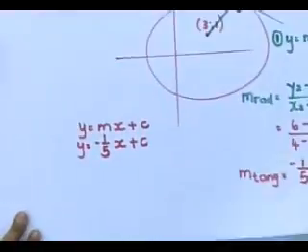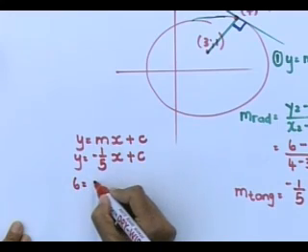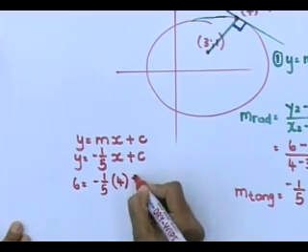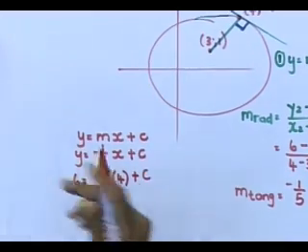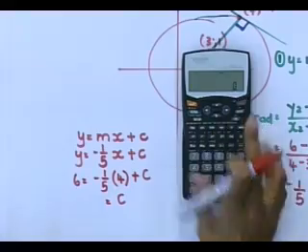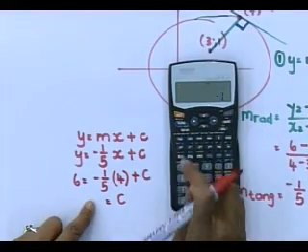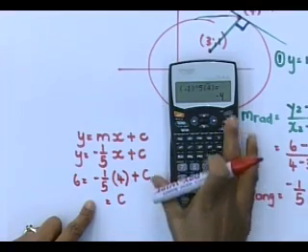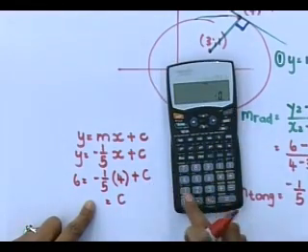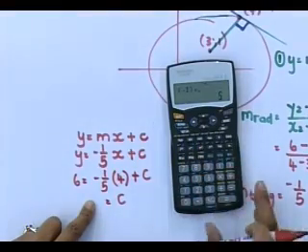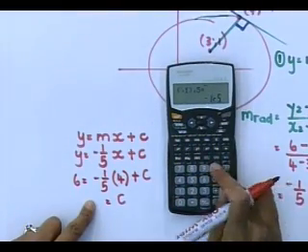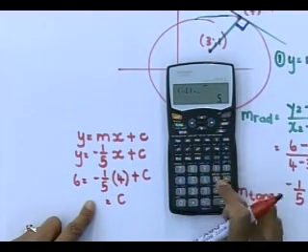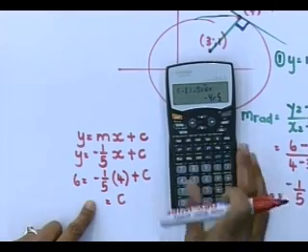Sub in, everybody. 6 in the place of y, negative a fifth. What goes into the place of x? 4. And your c will be equal to, that is negative a fifth multiplied by 4. It's negative 1 over 5. Everybody, are you okay with that? Multiplied by 4, and I have negative 4 fifths.